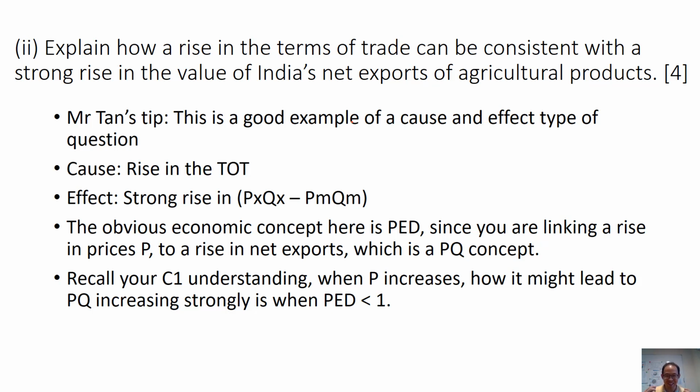But once you realize that it's PED, you can link the rise in the prices to the change in the net exports, which is P times Q. So if you recall the concepts of elasticity you learned in JC1, when price increases, P times Q increases when the demand for exports is price inelastic.